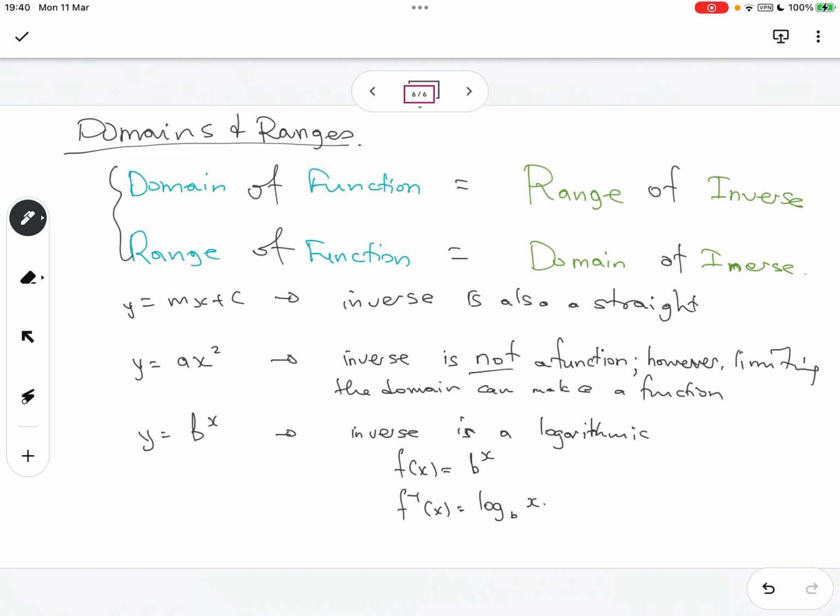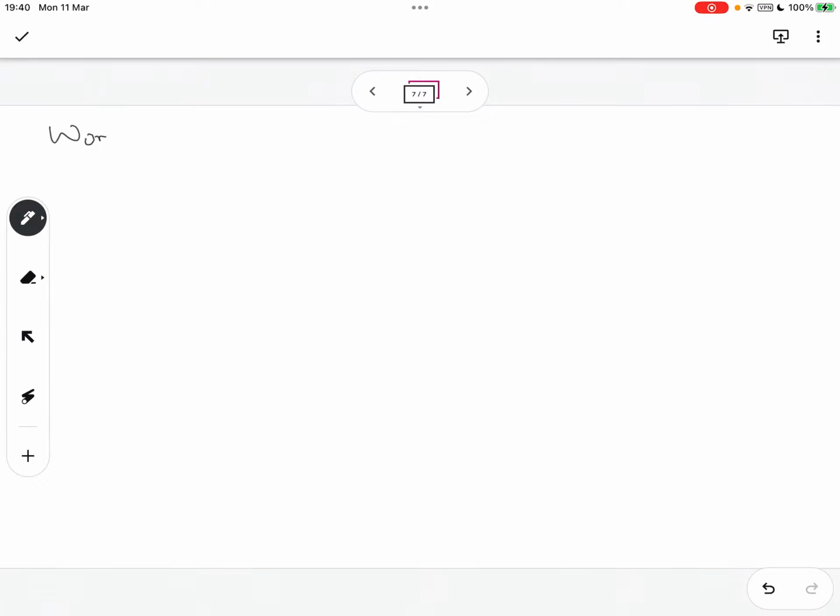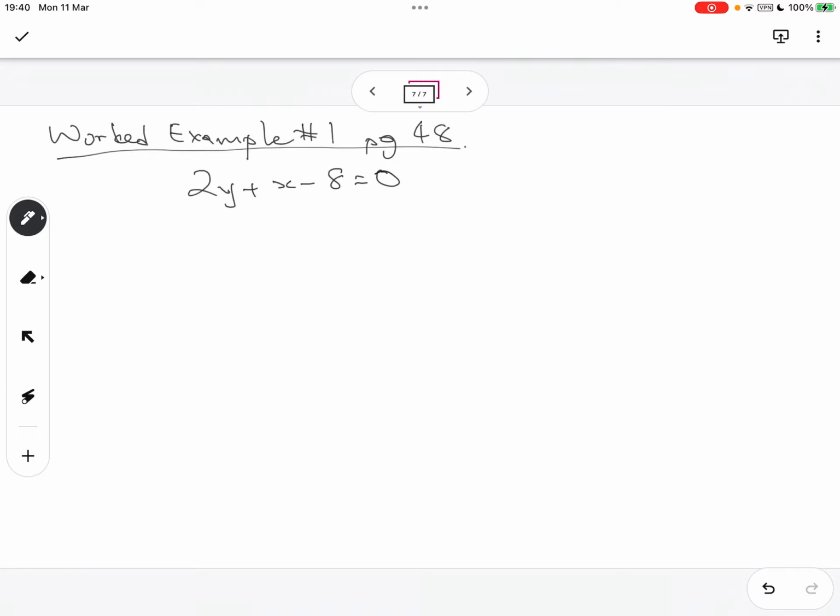Right, worked example 1. So jump straight into worked example 1 on page 48. And we are given a function 2y plus x minus 8 equals 0.